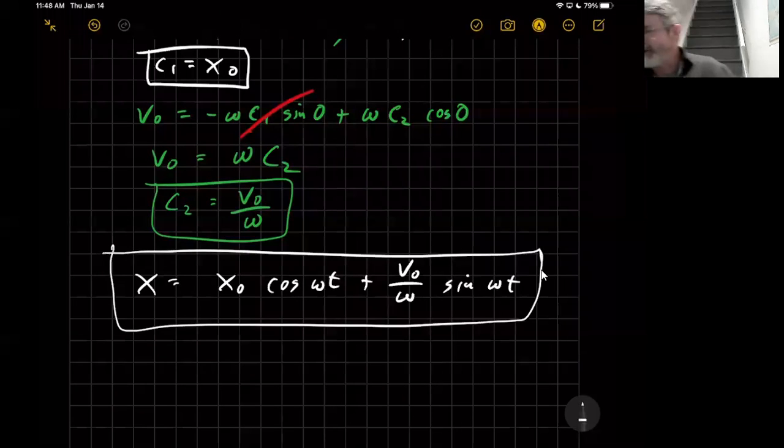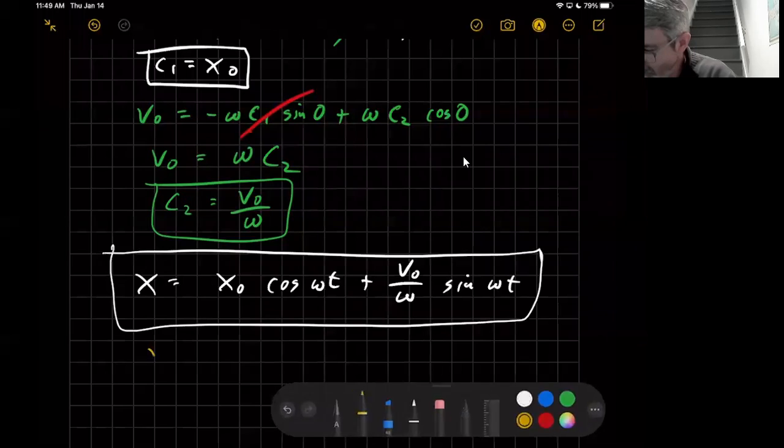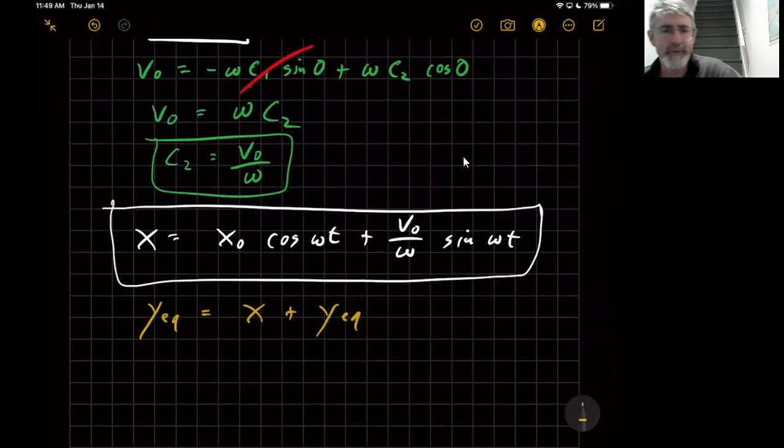Now, one final quick note: if I wanted to get the solution for y, we know that y is equal to the stretch from equilibrium. So you have to add the equilibrium value on to how much it's stretched. So x is how far above or below equilibrium we would be.